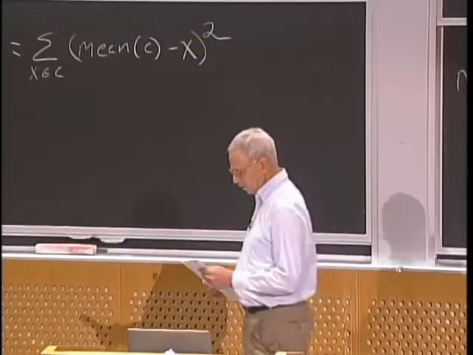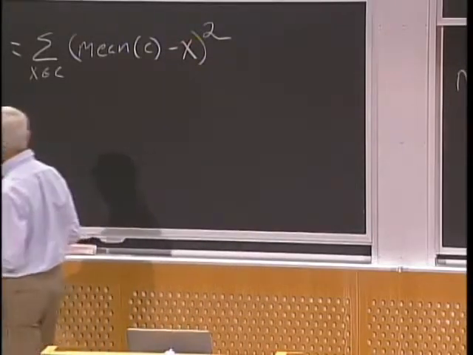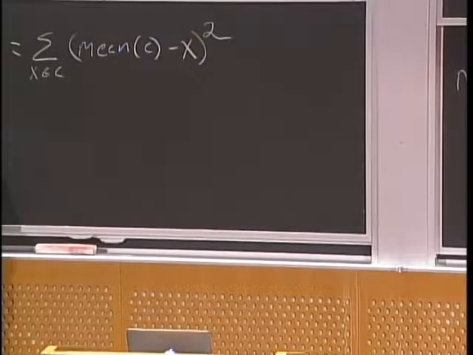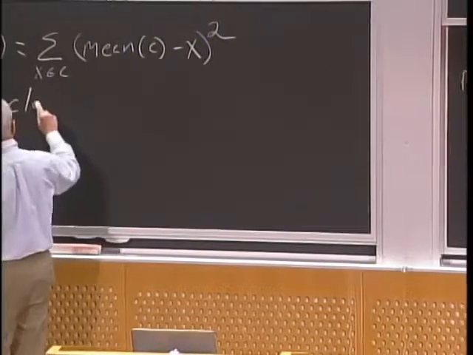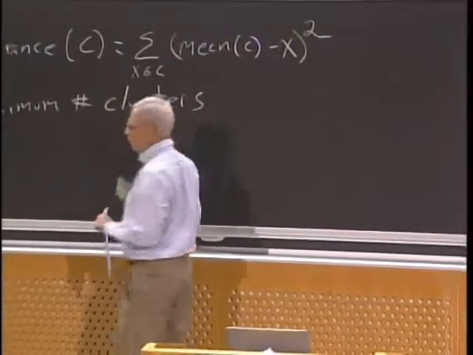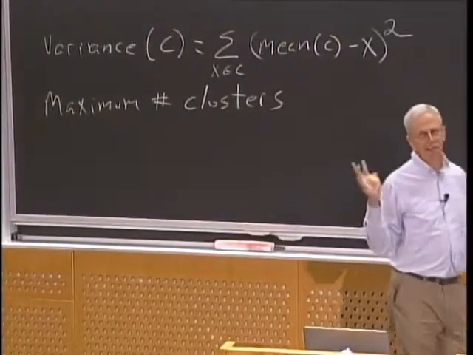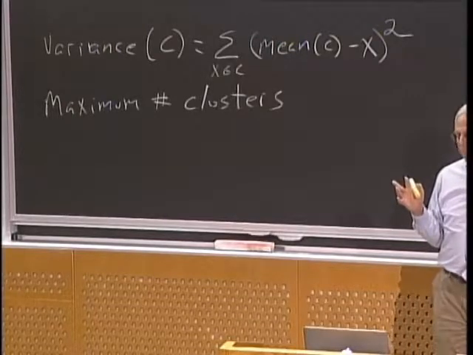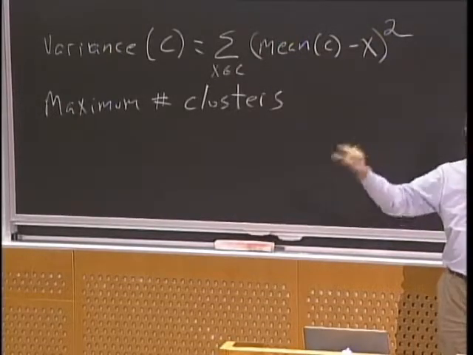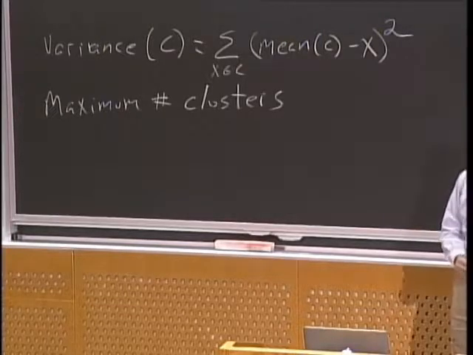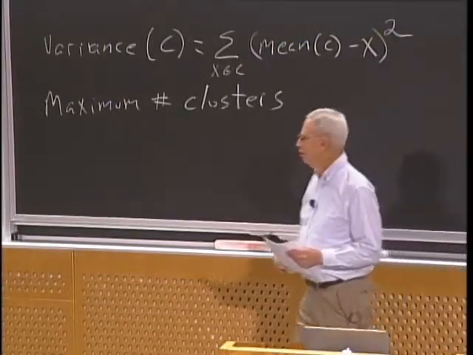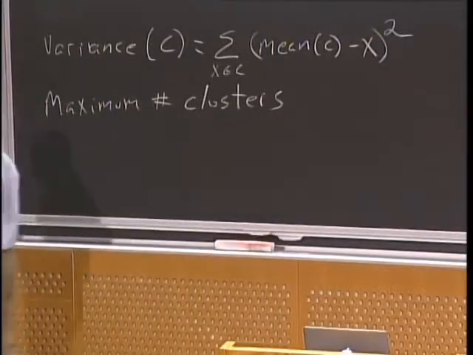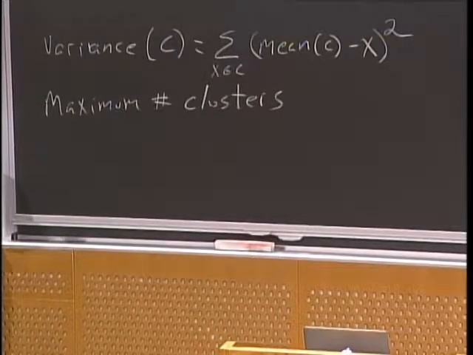A couple that are usual: sometimes you might have as a constraint the maximum number of clusters. So, all right, cluster my data, but I want at most k clusters, 10 clusters. And that would be my constraint, like the weight for the knapsack problem. Or maybe I'll want to put something on the maximum distance between clusters. So I don't want the distance between any two clusters to be more than something.